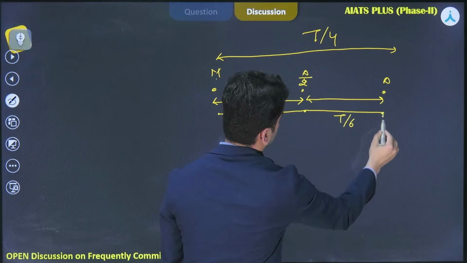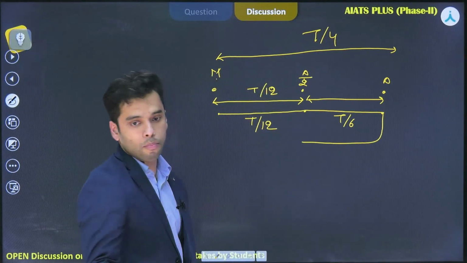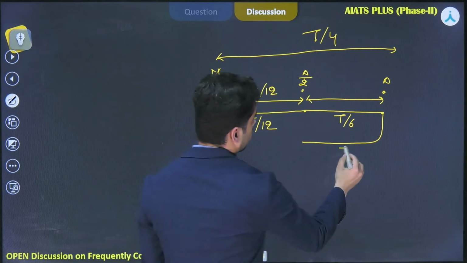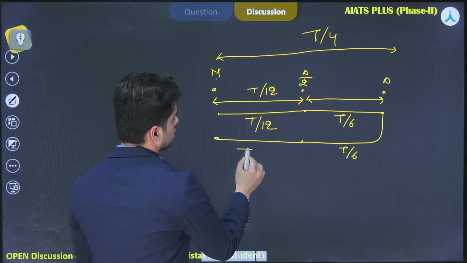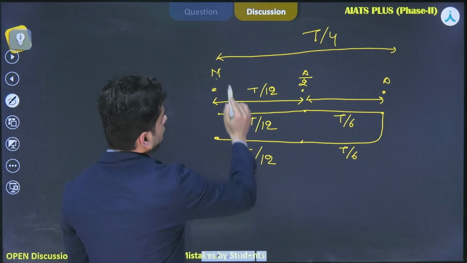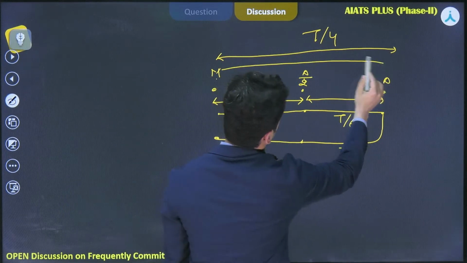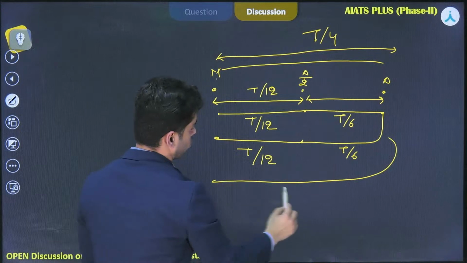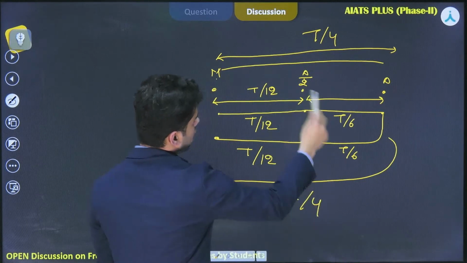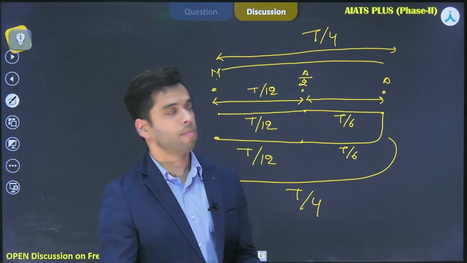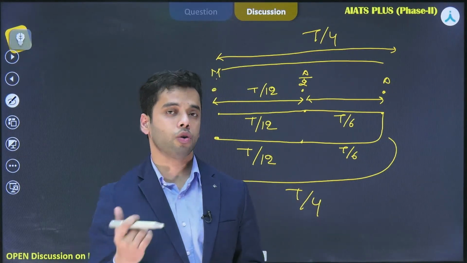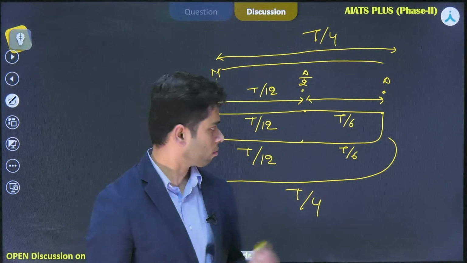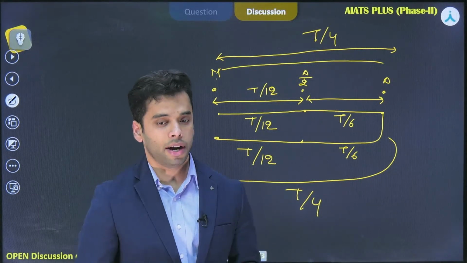Now it starts from extreme, reaches the mid, again this time will be equal to T by 6, and from T by 6 again reaches the mean, this time will be equal to T by 12. And this time is T by 4, and again this time is also T by 4. So for this total time it will be T by 4 plus T by 4, that is T by 2, right? So you just be very clear with the concepts of how to deal with the time, and that's how you deal with the time, right?